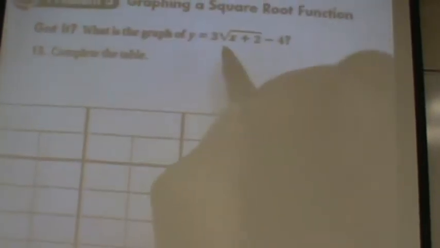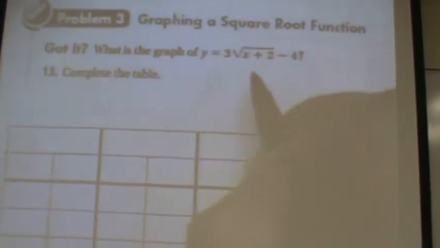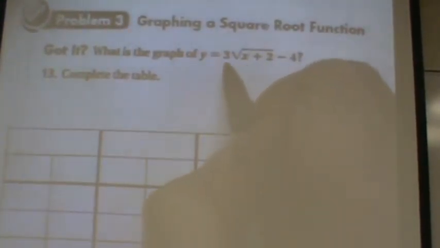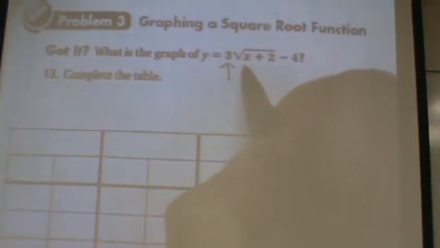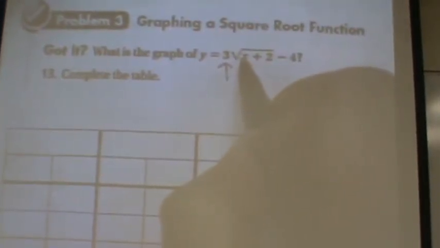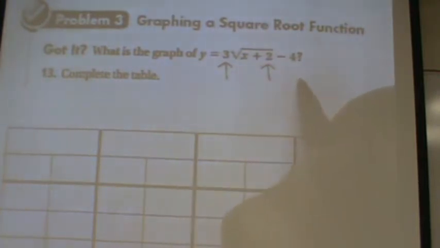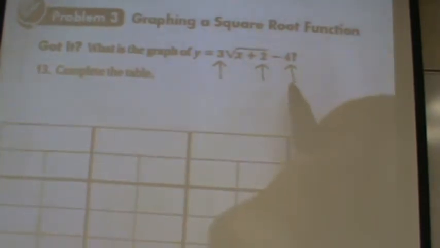More than shifting it left, right, up and down. Do you remember us doing these a few chapters ago? We talked about what this number does. Sometimes there's a number other than 1 in front of x, but you don't have it here. But this is going to do something to the graph, and this is going to be doing something to the graph.